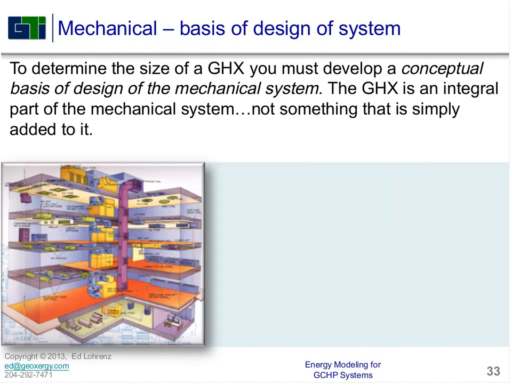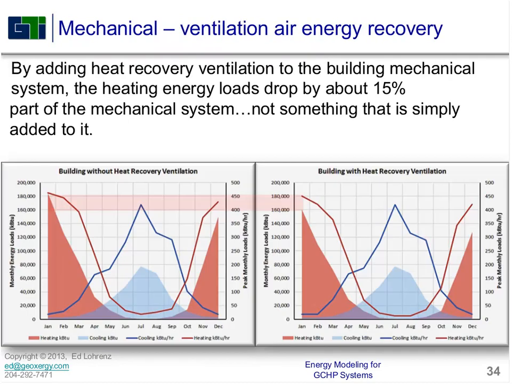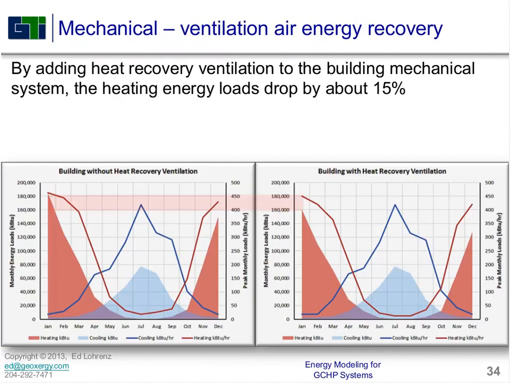It's not just something that's added to it, or something that you can specify out of a catalog somewhere. How you handle ventilation to the building is a fairly big deal, whether you're in a northern climate or a southern climate. Adding heat recovery ventilation to this building dropped the heating energy loads by about 15%.